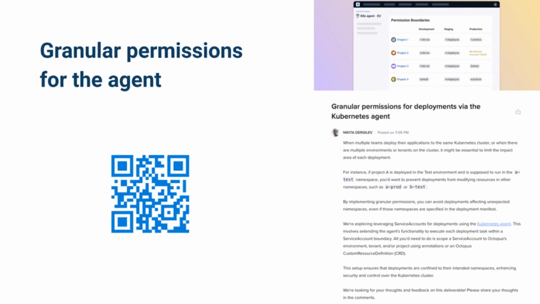And the third one is granular permissions to the agent. As Al mentioned, the agent can be installed within certain boundaries. But then, as soon as you do that, every task you execute on the agent will be executed on behalf of these boundaries, which, as far as we learned so far from interviews, is maybe fine. However, sometimes maybe you want to have more granular permissions.